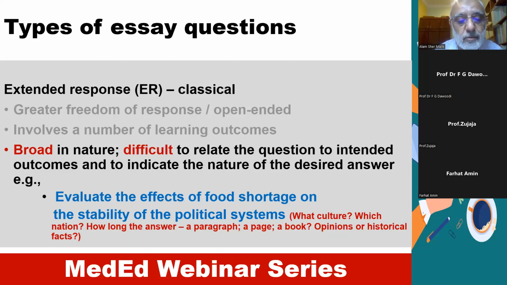How long is going to be an answer? A paragraph, a page, even a book can be written on this topic. Is the examiner asking for opinions or historical facts? So there are a number of ambiguities in this type of question, and therefore it is difficult to relate the question to the intended outcomes.